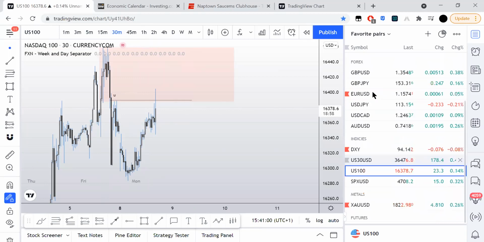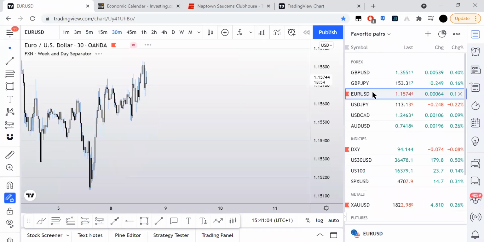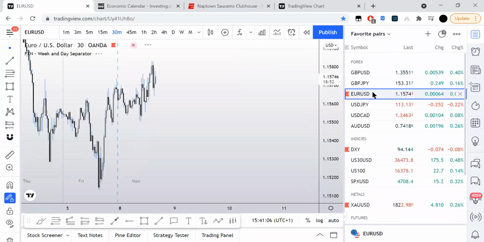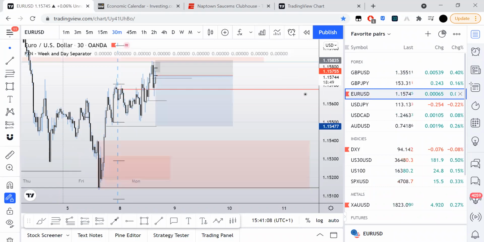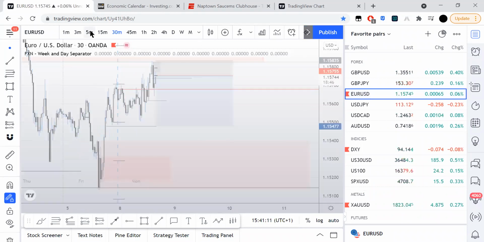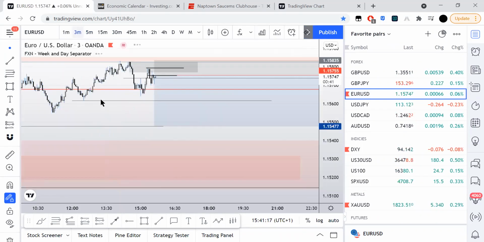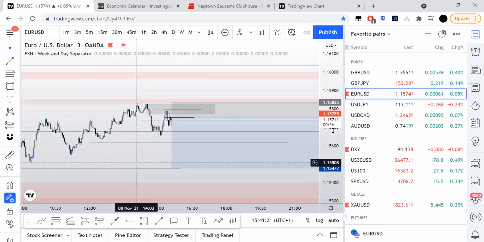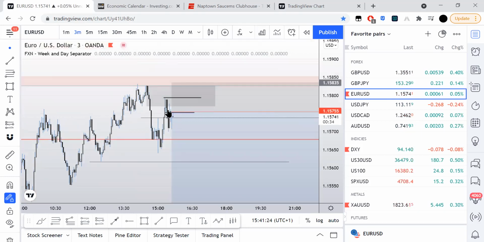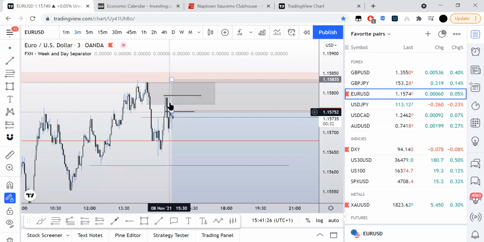Let's go back to EU. So with EU, it's still respecting this right here.